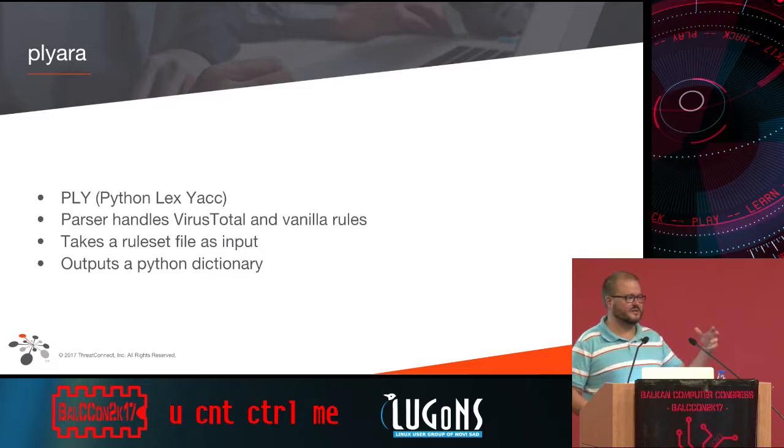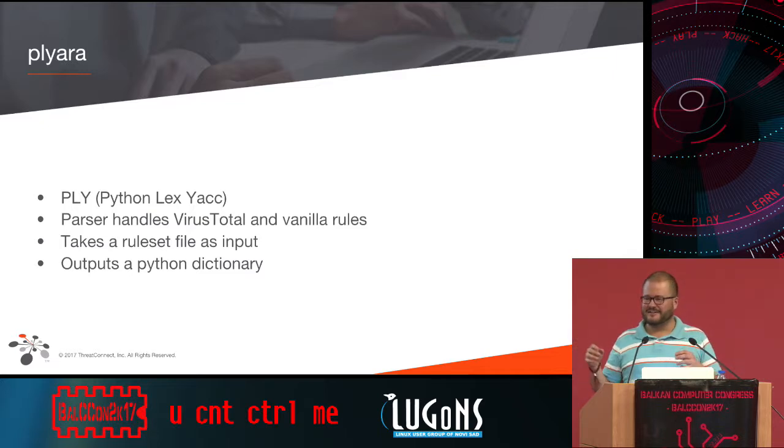It's based on PLY, which is Python Lex-Yacc. I know I might be speaking French or German now to some of you, but lex and yacc are two very old Unix commands. If you have a Unix box, Linux, you can type lex and yacc, and they work together. What lex does is it takes some rules that you write for it in code, and it uses regexes to find tokens.